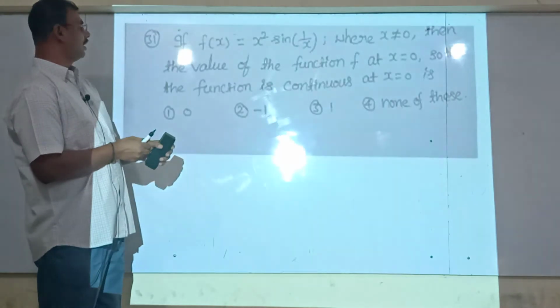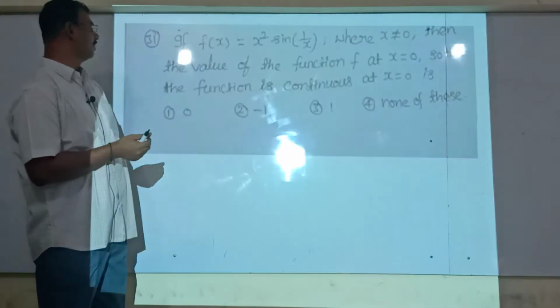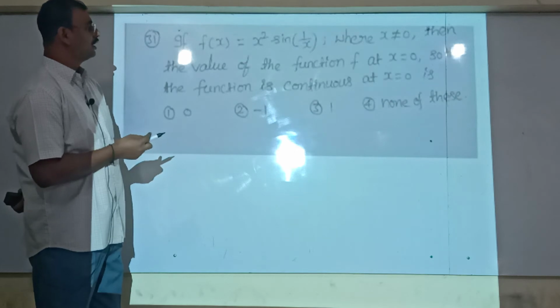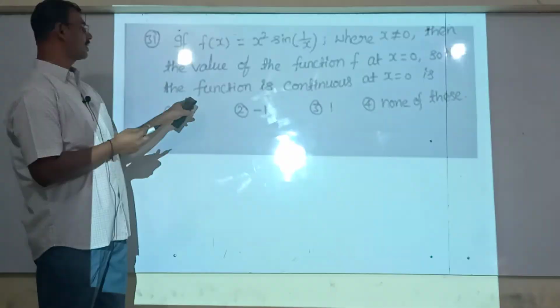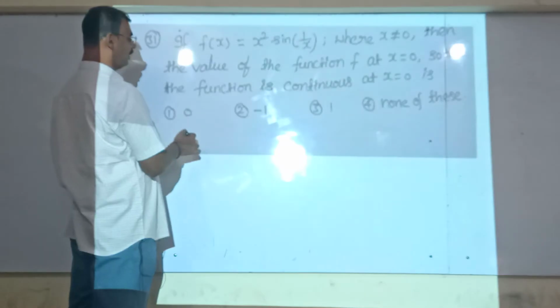So what is being asked here? None of these here. So what is the f of 0 here? The function is continuous at x equal to 0. Can you find out f of 0 here?